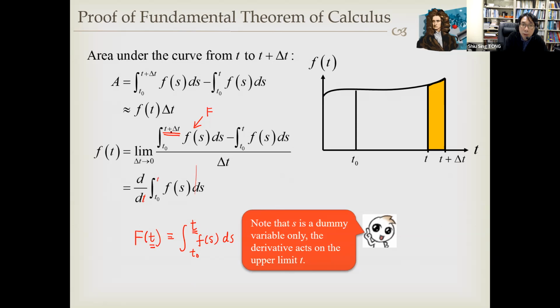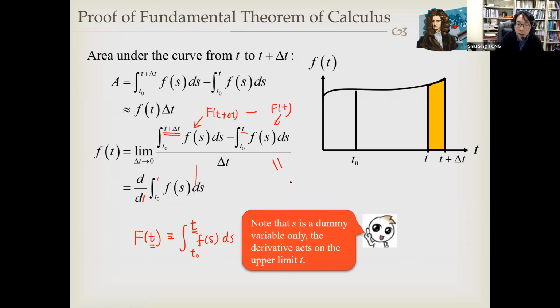So here with the upper limit at t plus delta t, this function is evaluated at t plus delta t, while this function is evaluated at t because the upper limit is t. And this expression is just the difference between the two functions, right? The difference of the function at t plus delta t minus the function at t, divided by delta t, when delta t tends to 0, is exactly what?